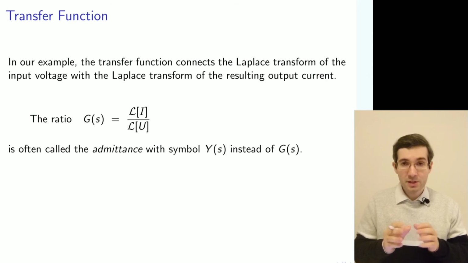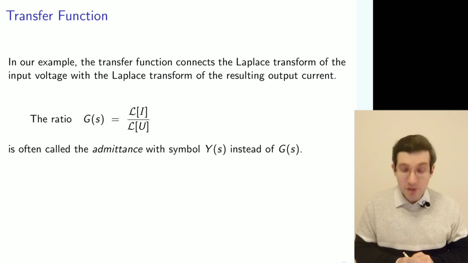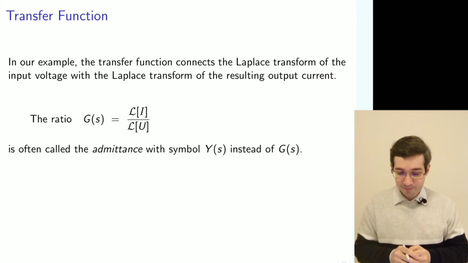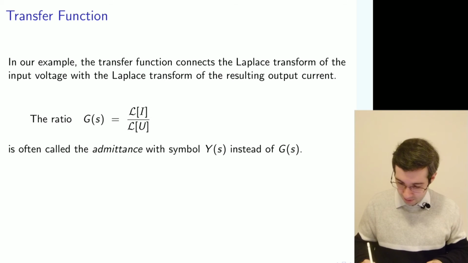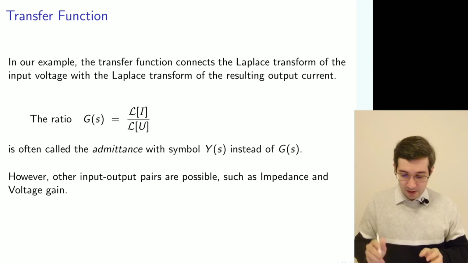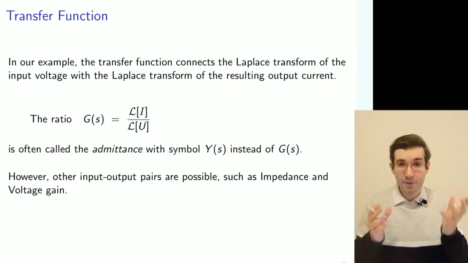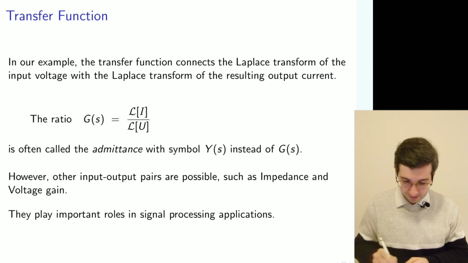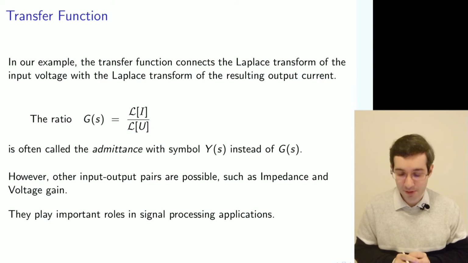And sometimes it's denoted using a different symbol, for example Y or even H. And other pairs of inputs and outputs are possible as well. And it's very important in signal processing.